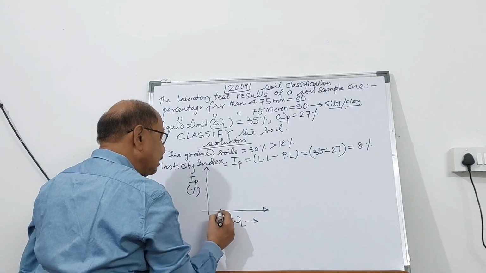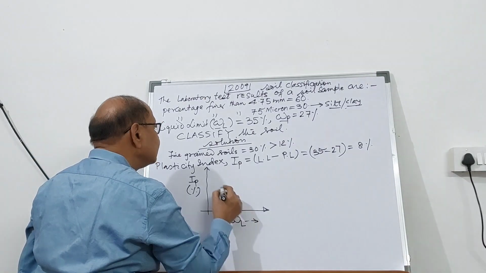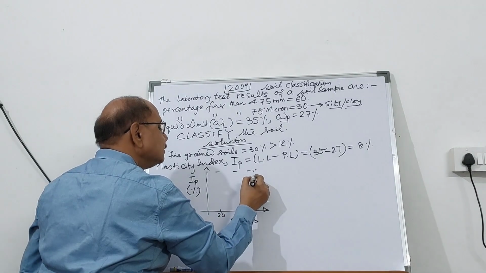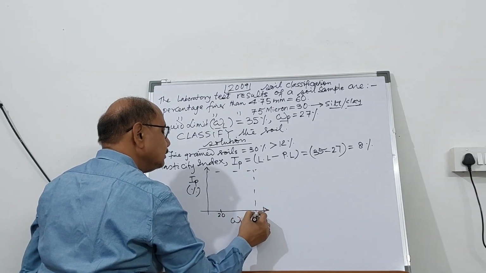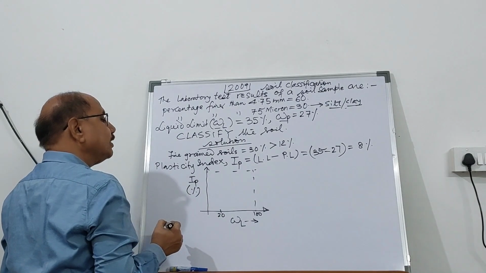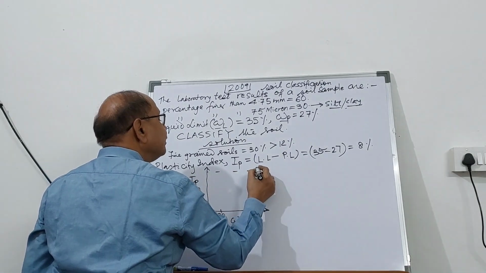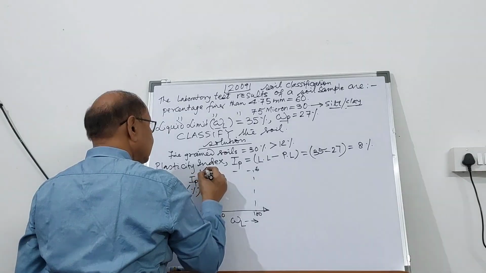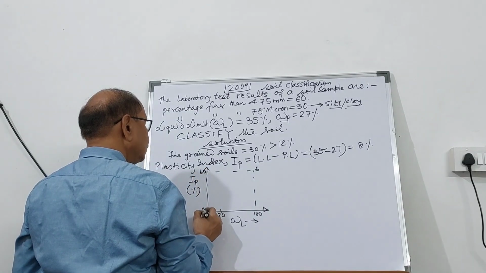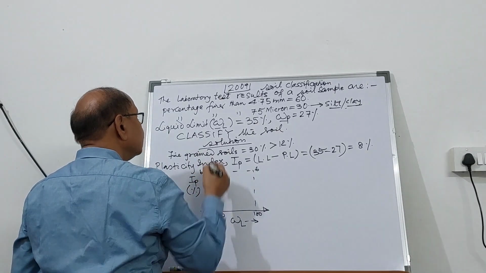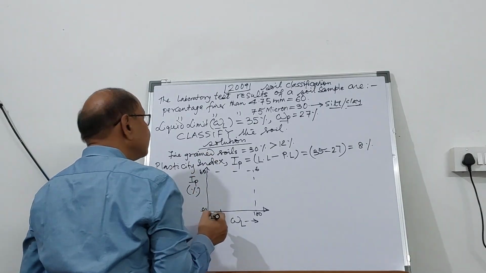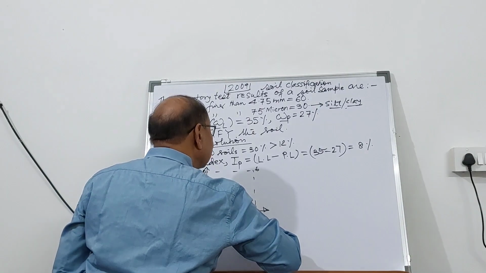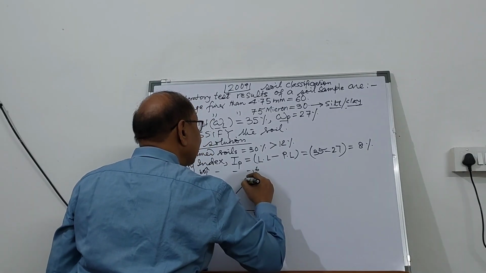Liquid limit at 20%, and let's say liquid limit at 100%, IP here is 60. So from 0, 0, it goes as plasticity index, and there is a line known as the A line.